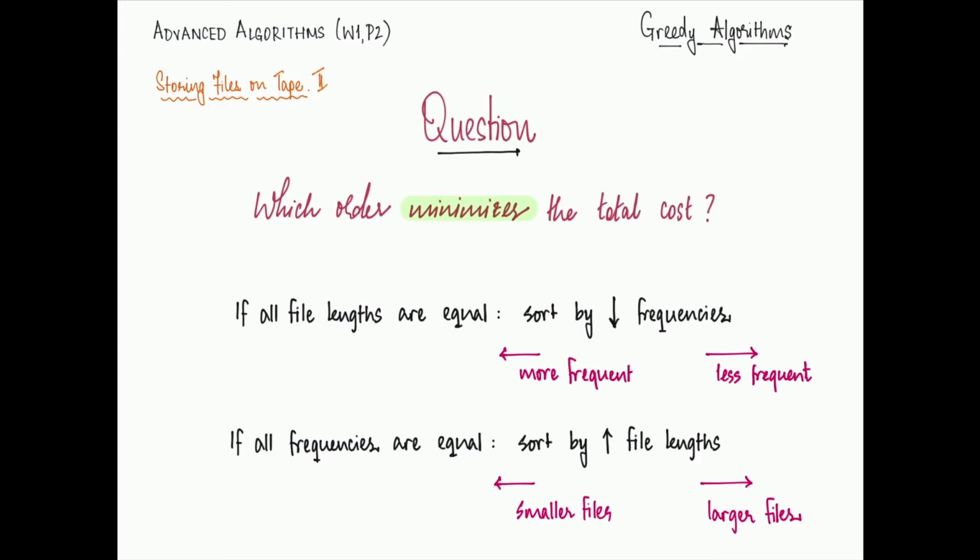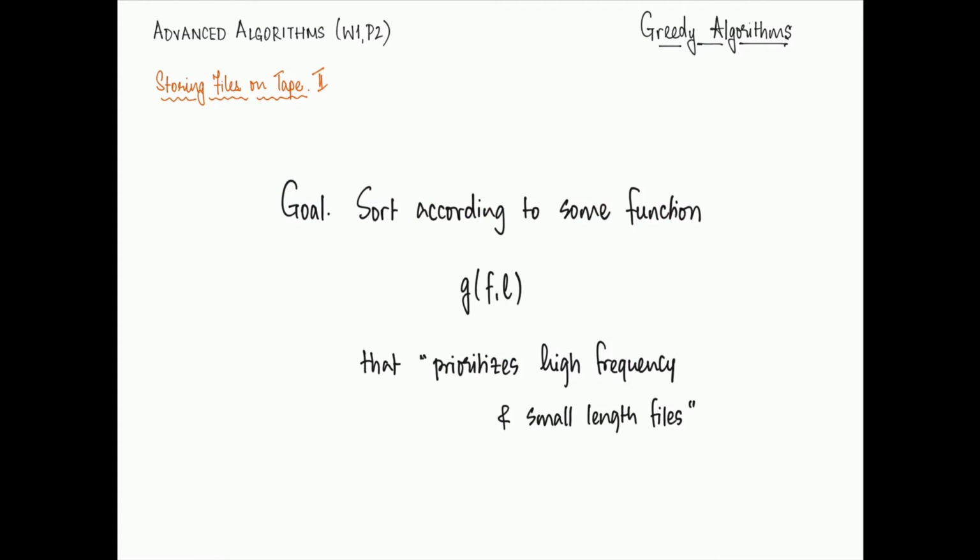So what we want to do is come up with some sort of a function of f and l, which is the frequencies and the lengths. And what we want to do is have this function behave in such a way that it can guide us through the placement of the files. So if this function takes a smaller value for some file compared to another, then that file should be placed earlier in the ordering.